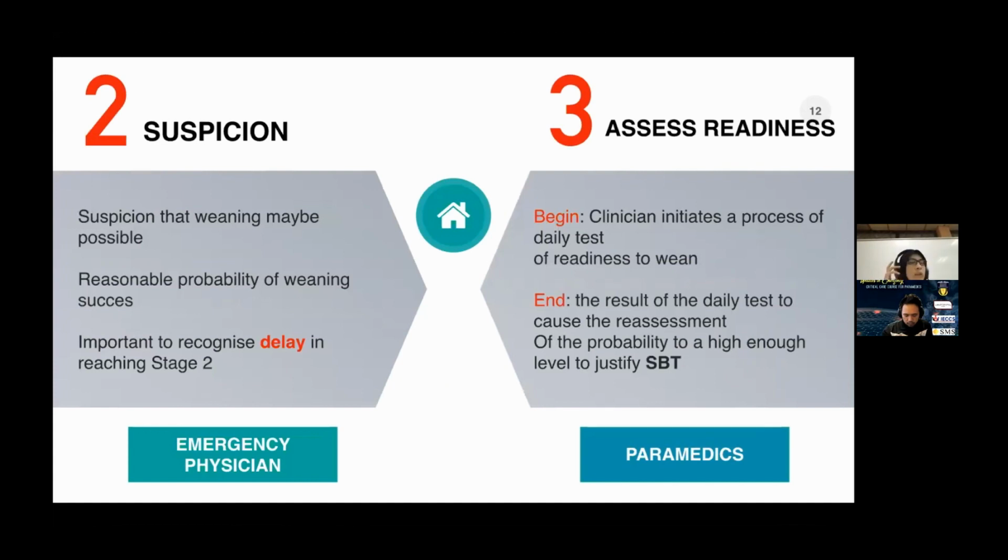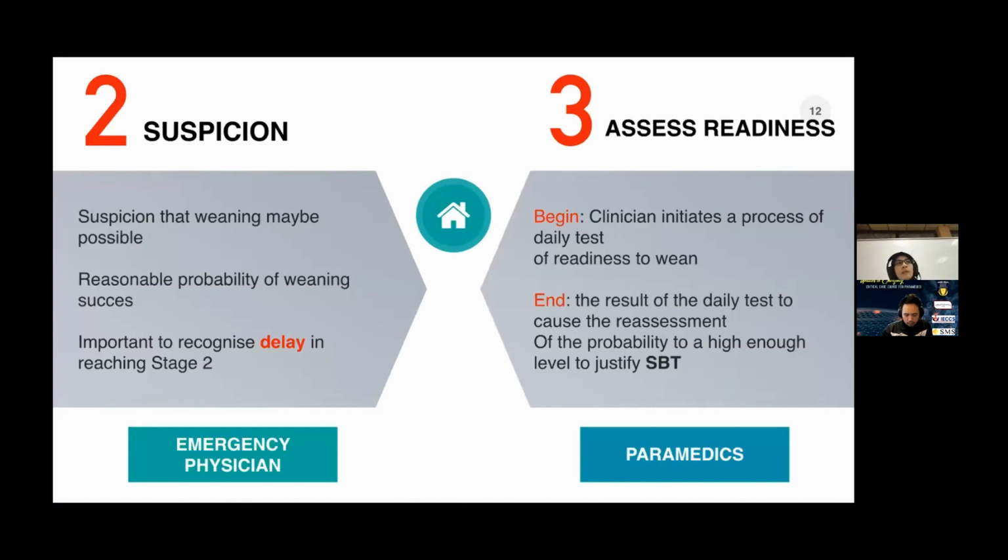All right, then you need to have a reasonable probability of weaning success, meaning that you need to assess the patient and think that if you perform weaning, the success rate is higher. It's also important to recognize delay in reaching stage 2. Why? Because most of the time the clinician fails to recognize that the patient can go through the stages of weaning.